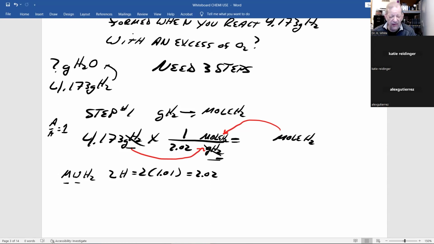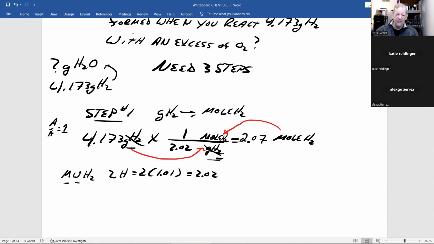And now there's 2 ways of rounding off in a multiple step. You can do it at the end or at each step. I'm an each step person, but I'll calculate it either way, and sometimes the answers are different. Now here, to 3 significant figures, you get this number.